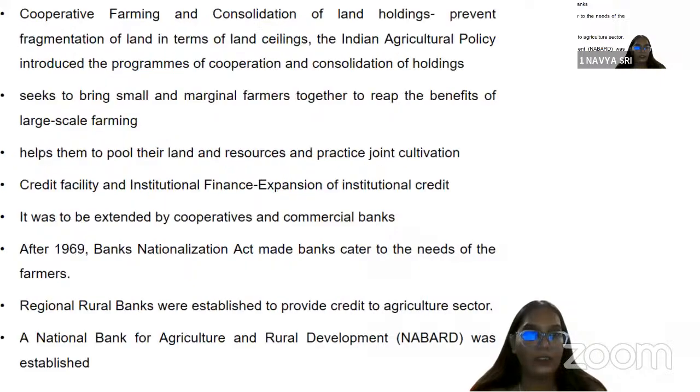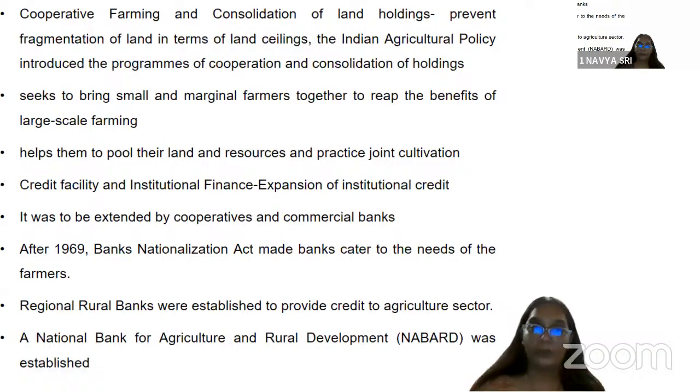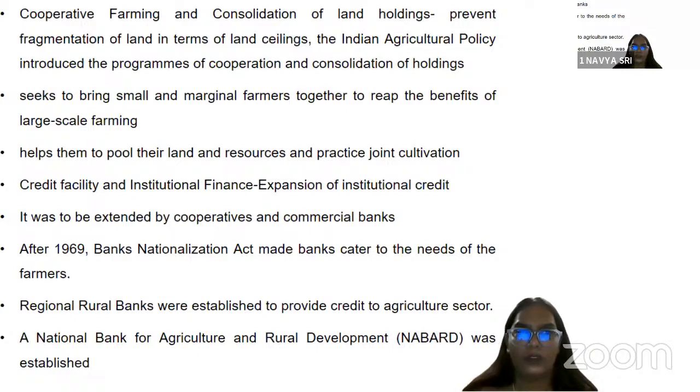Distribute to the landless. Then cooperative farming and consolidation of land holdings, to prevent fragmentation. This fragmentation would lead to upholding a better share. Who are marginal or small farmers? Those who hold 2% of the land. Then it helps them pool their land resources, and credit is a crucial one.